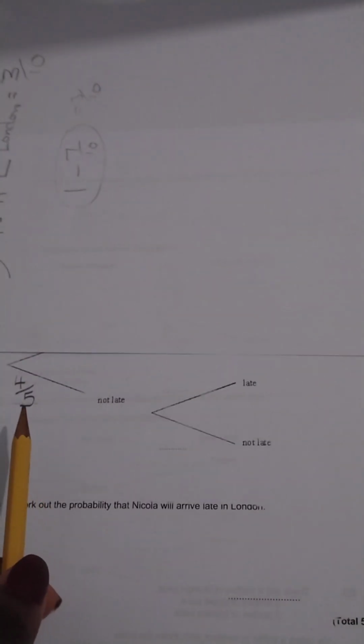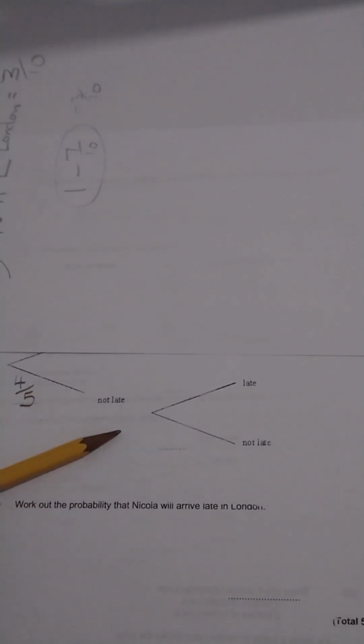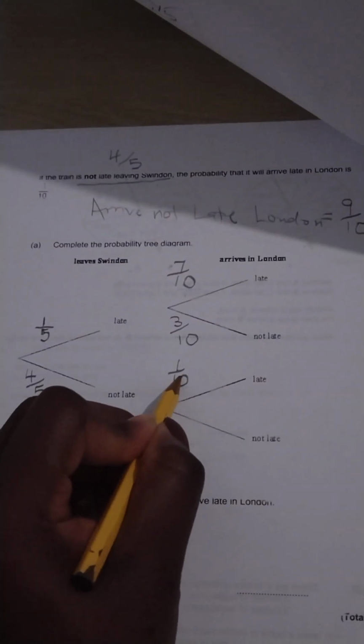Right, now what you're looking at is the probability that it is not late leaving Swindon. So if it's not late leaving Swindon, the probability that it will arrive late in London is 1/10. So we'll put that here, and then that balances the probability that it will arrive not late in London, 9/10.